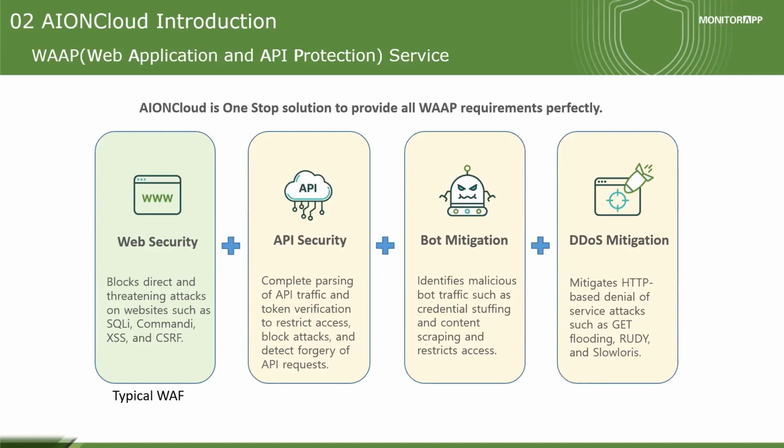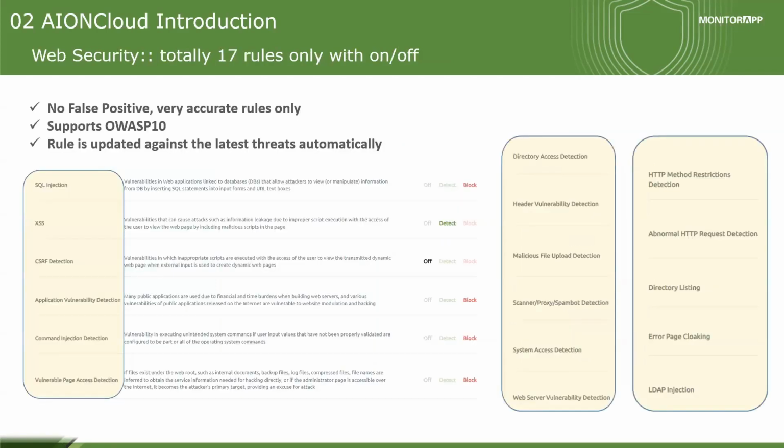The first component of WAAP is a typical WAF to detect and protect from various attacks like SQL injection, cross-site scripting, CSRF, and so on. Additionally, we need to provide API security, bot mitigation, and DDoS mitigation as well. So Ion Cloud is a one-stop solution that provides all WAAP requirements perfectly.